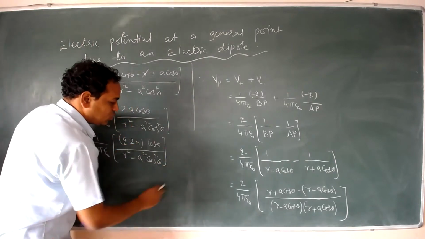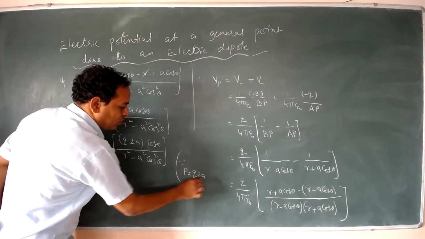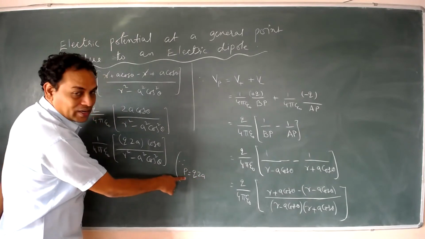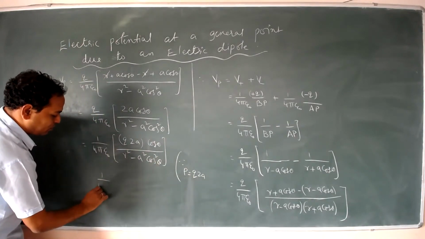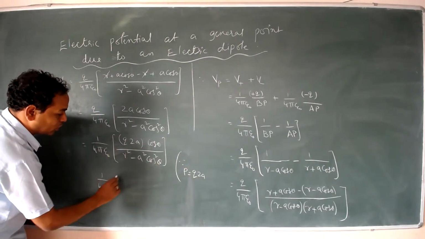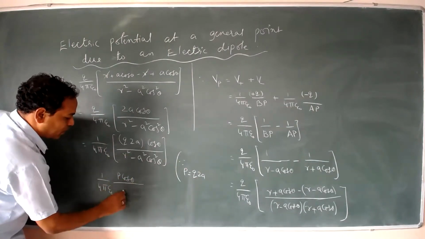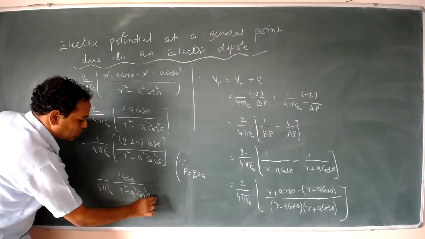Since we know that P is equal to Q into 2A, this is called electric dipole moment. So instead of Q into 2A, I can write it as P. I will substitute here as P. Therefore, 1 by 4 pi epsilon naught into P cos theta divided by R square minus A square cos square theta.